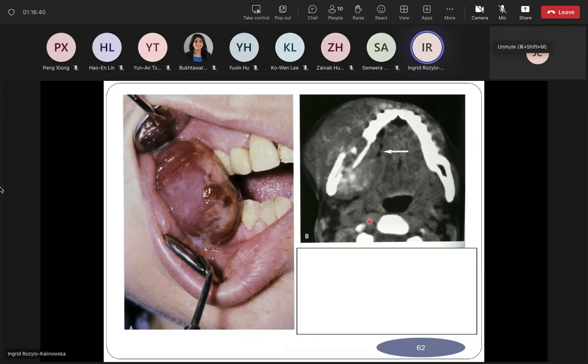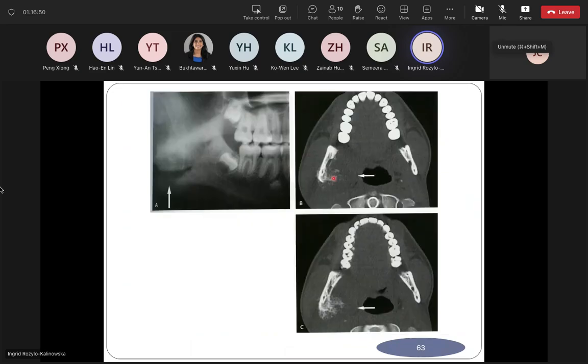So once again, the lack of proportion between the size of infiltration in the bone and the size of the tumor itself. So that's this sun ray appearance, the sunburst appearance.